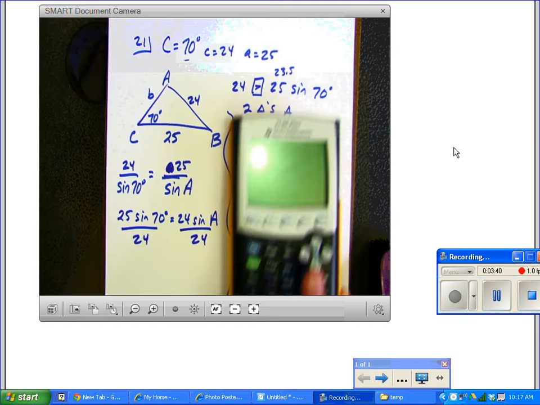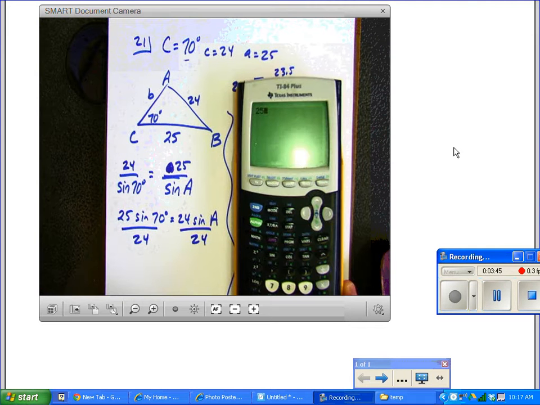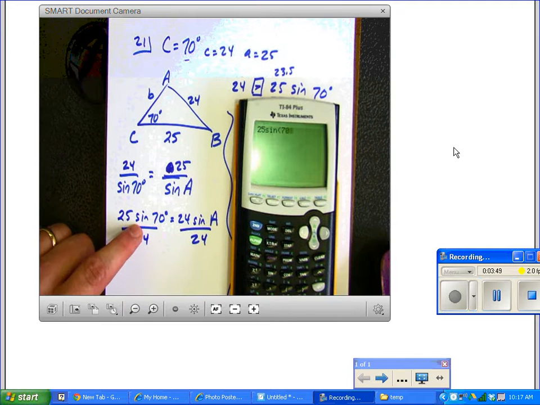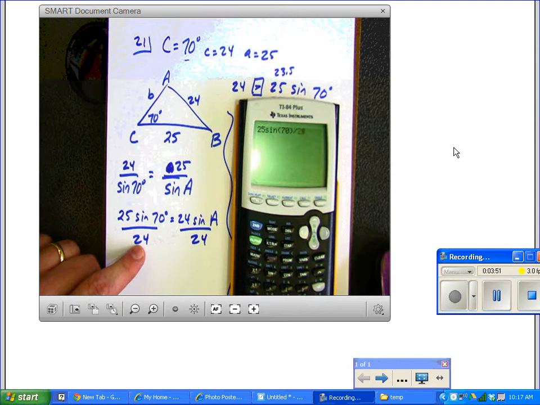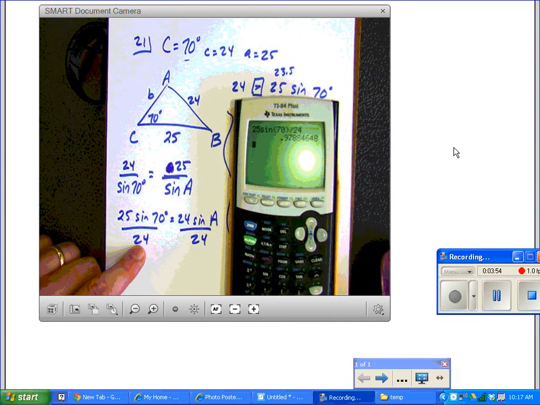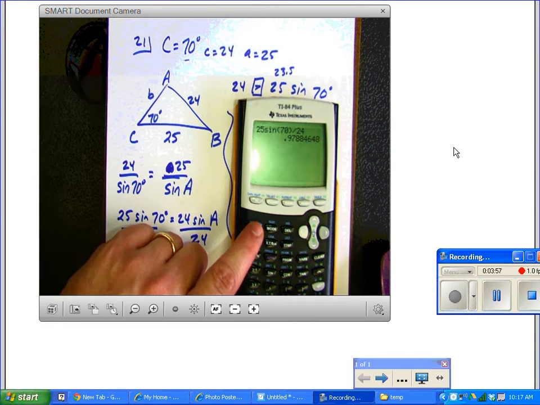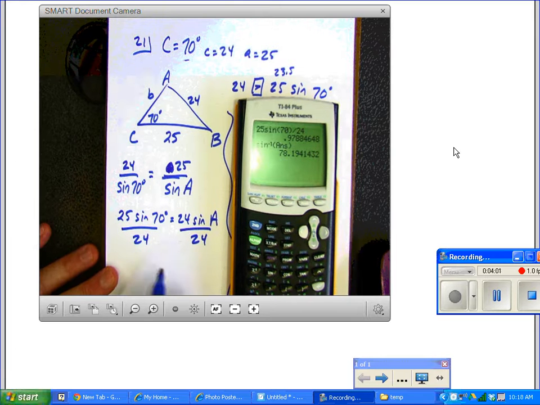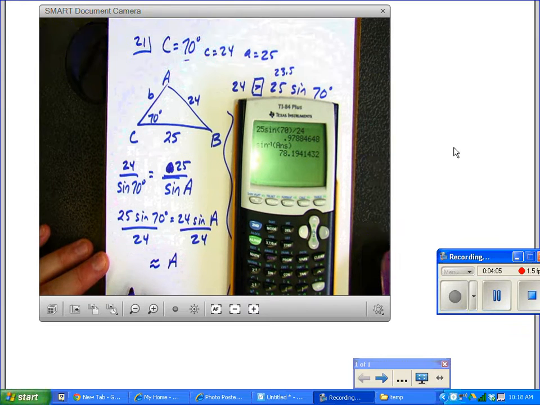So 25 sine 70 divided by 24. The sine of A is 0.9 something. So we do inverse sine. A is about 78.2 degrees.